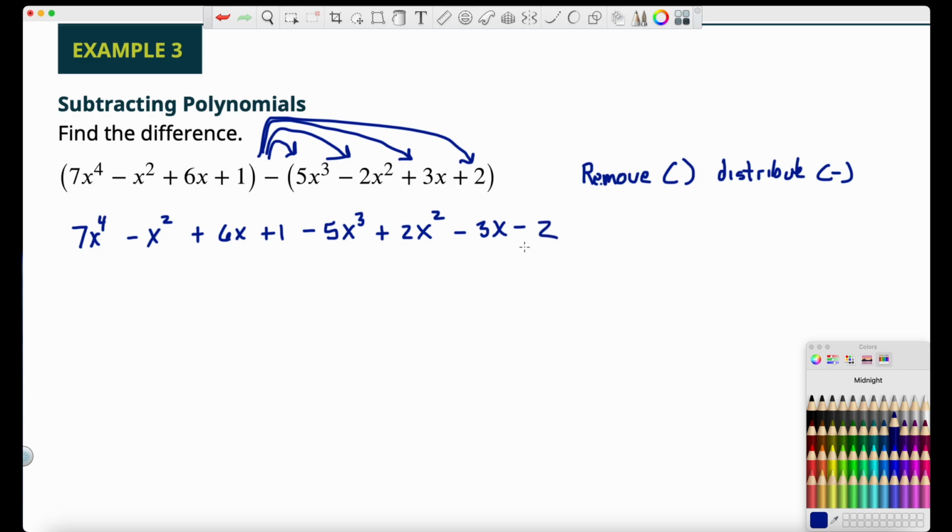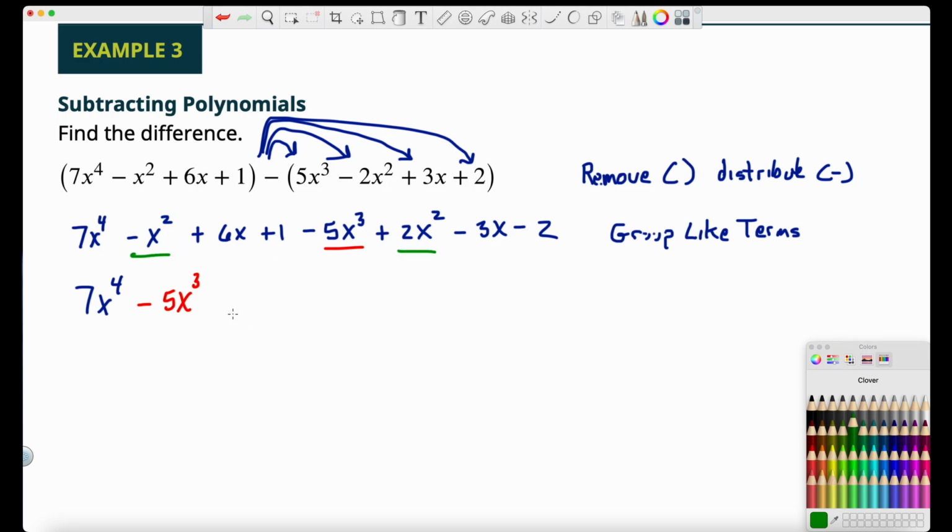Okay. Now let's write this in descending order, grouping all of our like terms together. 7x to the fourth. Okay, that's the highest power, so that would be my leading term. I only have one x cubed term, so I'll put that next.